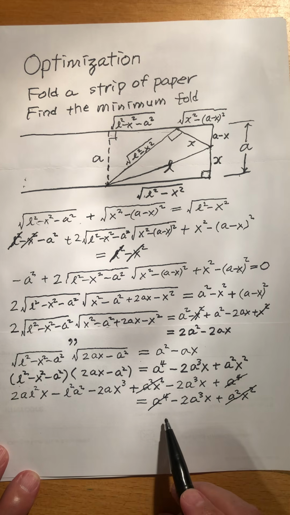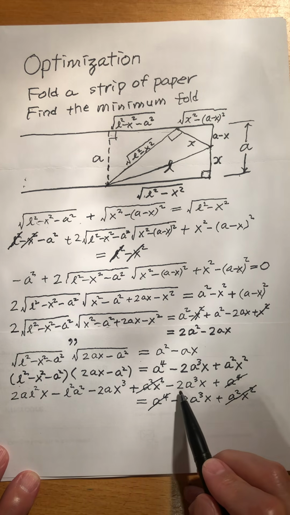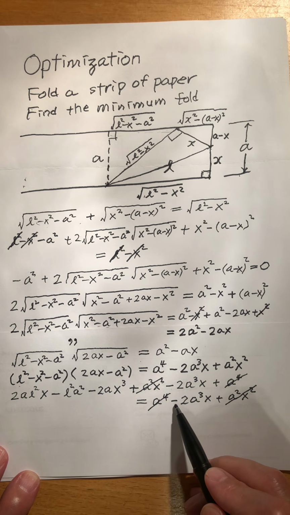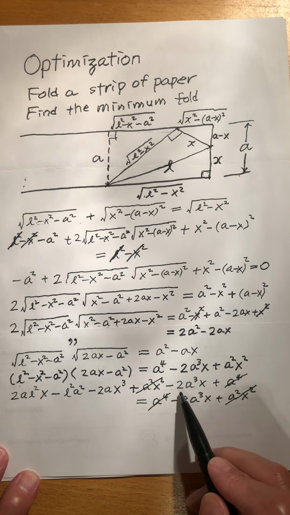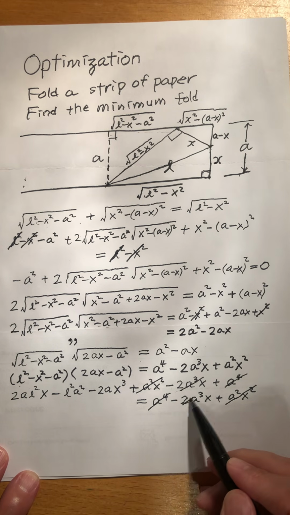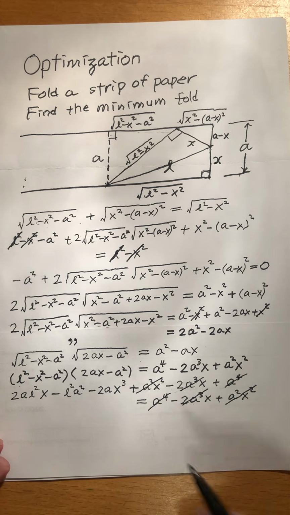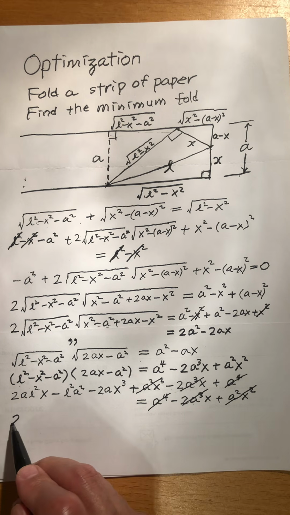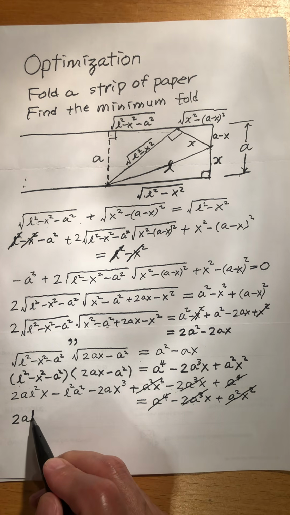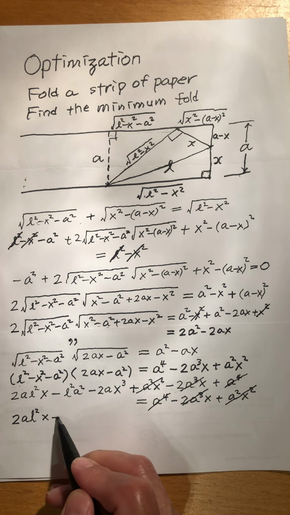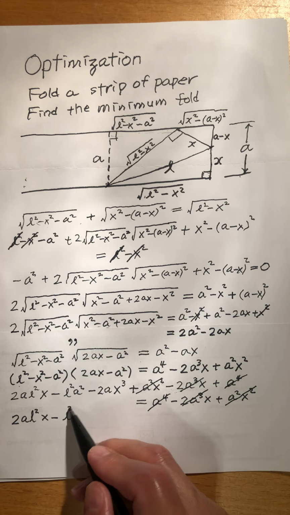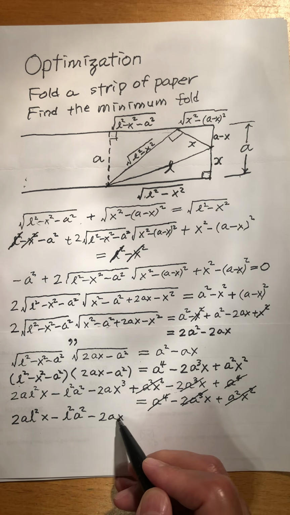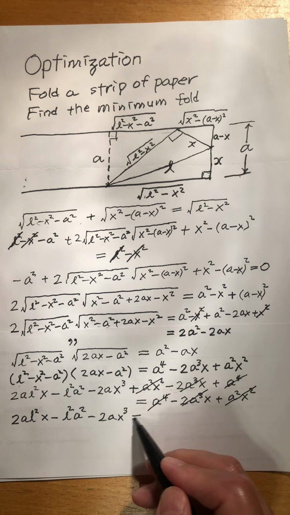And, oh, the left-hand side, I have minus 2a cubed x, and on the right-hand side, I also have minus 2a cubed x. So this term cancels that term. So the right-hand side is 0 now. So I have this now. 2a L squared x minus L squared a squared minus 2ax cubed equals 0.